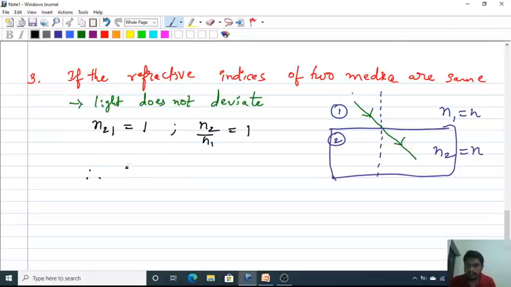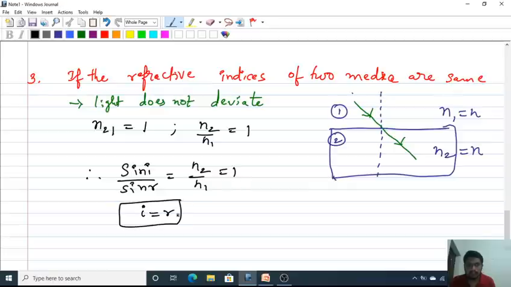Therefore, according to Snell's law, sin i by sin r is equal to n2 by n1, which is 1. Therefore, i is equal to r. And what about the deviation? It is not deviating, so the angle of deviation is 0 in this case.